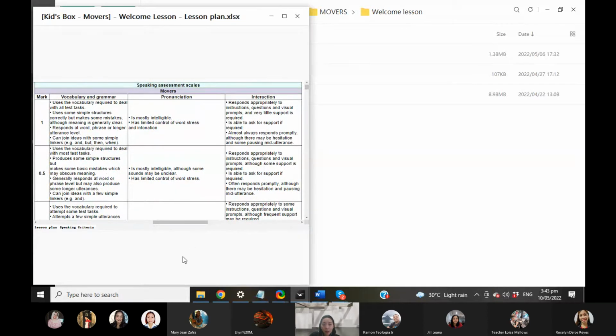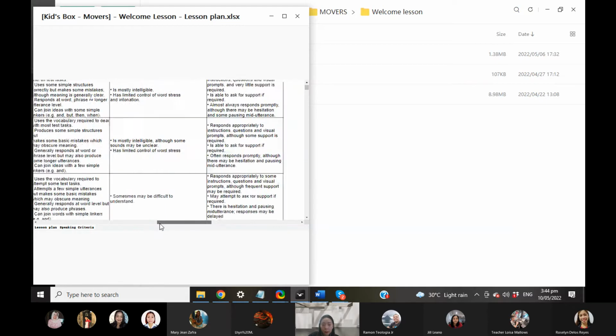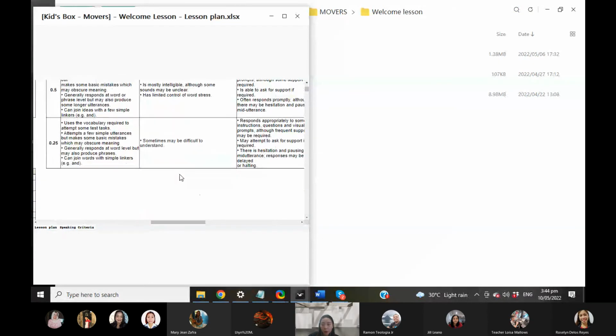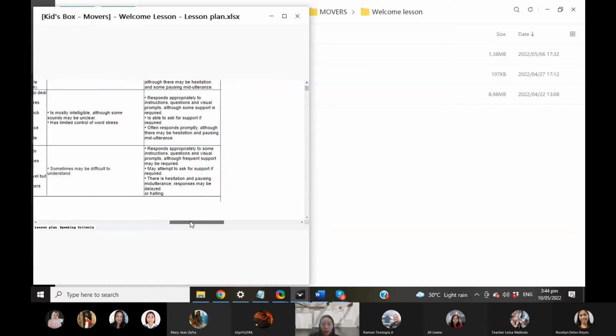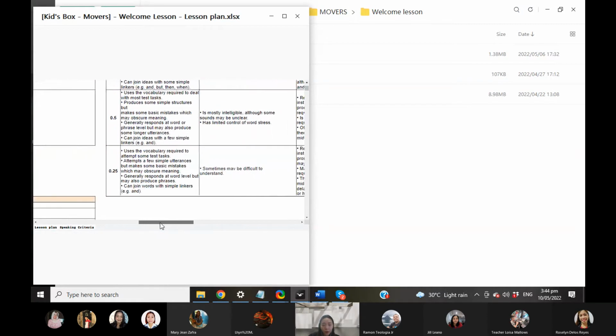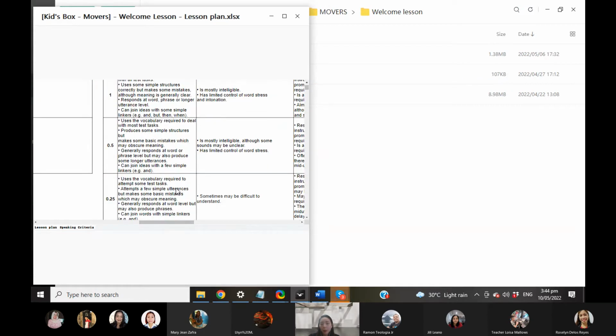And based on these three categories, you will give the student a score from 1 to 0.25, depending on their answers. And in the end, you're gonna count the total score for the student and give the score on Acuity. Okay.